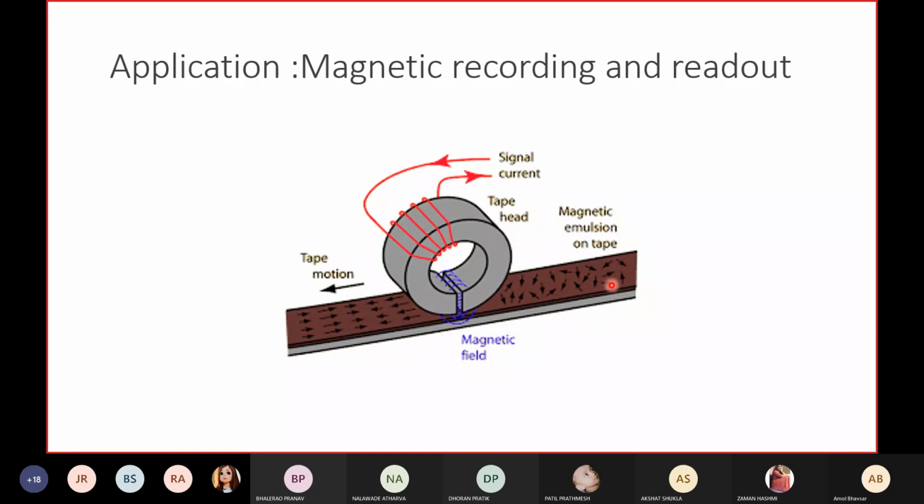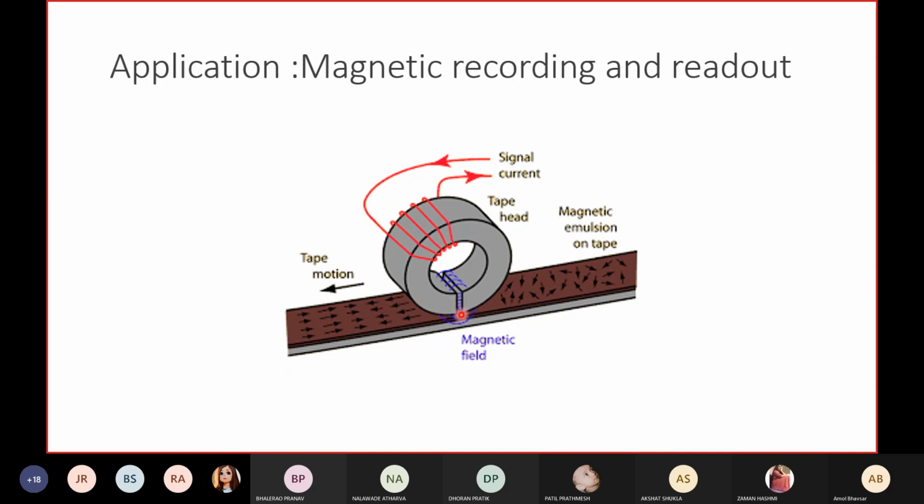Earlier these dipole moments are randomly oriented, but as soon as you give some external magnetic field, we are sending the signal through this wire so that it generates a magnetic field. There is some gap between this magnet and this rotating tape. Some air gap is there.